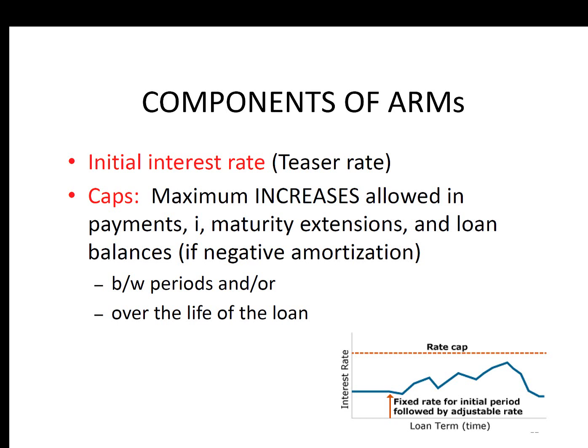So there are caps on the interest rate change between every period or over the life of the loan, which means if the adjustable rate equals a premium plus the market interest rate every period, when this sum exceeds the cap for this loan, the interest rate the borrower will pay will be the cap rather than the sum of premium and market interest rate.